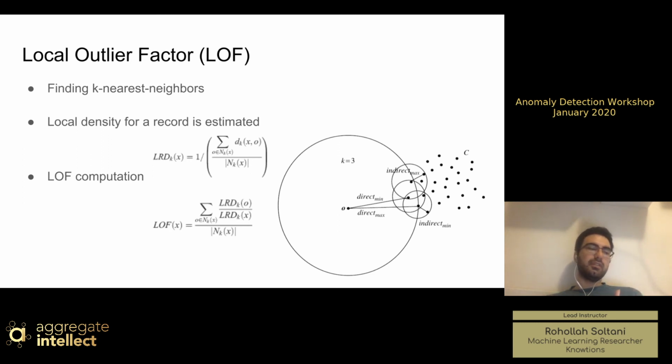The local outlier factor is the average of the ratio of the local reachability density of the neighbors to that of the point itself. As you can see, the lower the LRD of your point, the higher the score. If the density of your point is lower and the density of your neighbors is higher, then maybe that point is an anomaly.